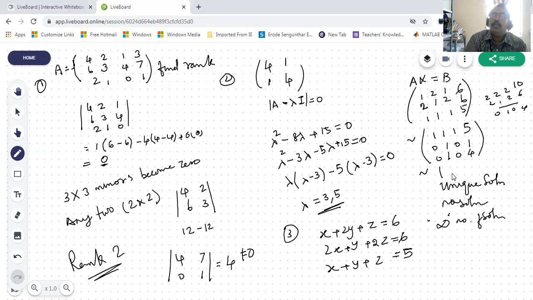The first row is 1 1 1 5, second row is 0 1 0 1, and subtracting this gives you 0 0 0, and this one is 3. See, here we have a situation where this matrix has a rank 2, whereas the system has 3 unknowns.